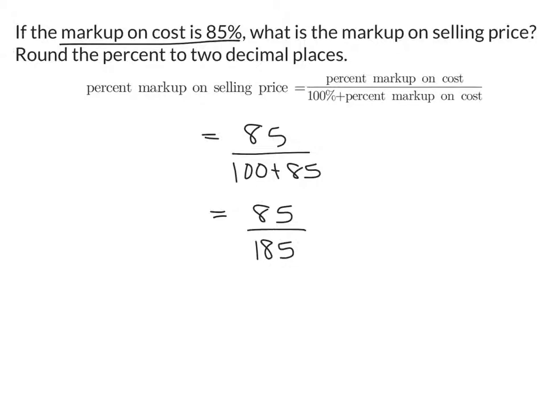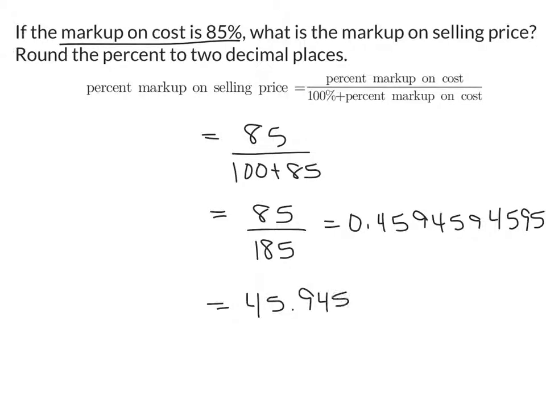And when we do that calculation, we get 0.4594594595. And we'll write this as a percent by multiplying by 100. So we have 45.94594595.